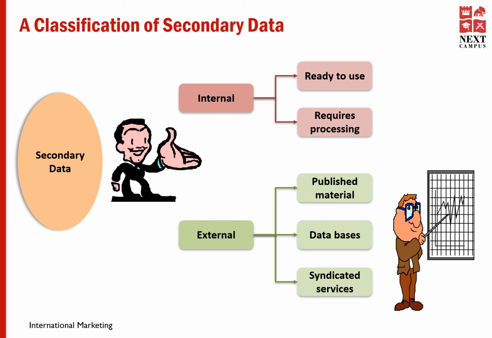You have facts and figures, but you may have to process them the way you want to. The other secondary data inputs will come from external sources like published materials, trade publications, databases, or syndicated services.